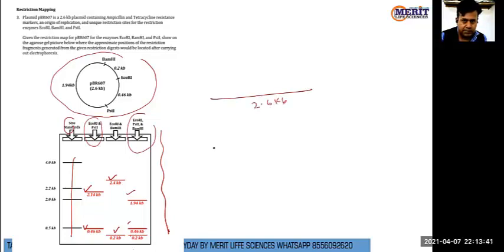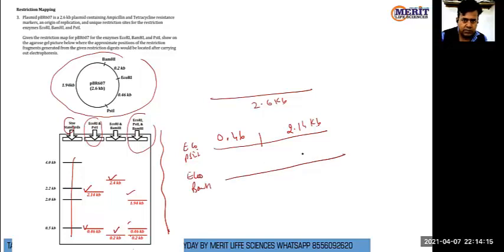2.6 kb. So now you can individually first draw the map. This is EcoR1 PstI. The smaller one is 0.46 and the larger one is 2.14 kb. Okay, so what you can write, EcoR1 PstI and then EcoR1 BamH1. What you can see, 2.4 kb.